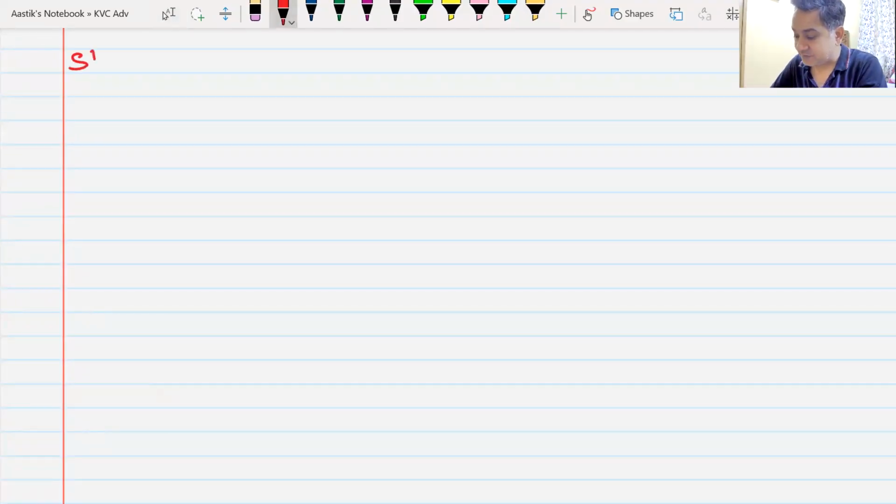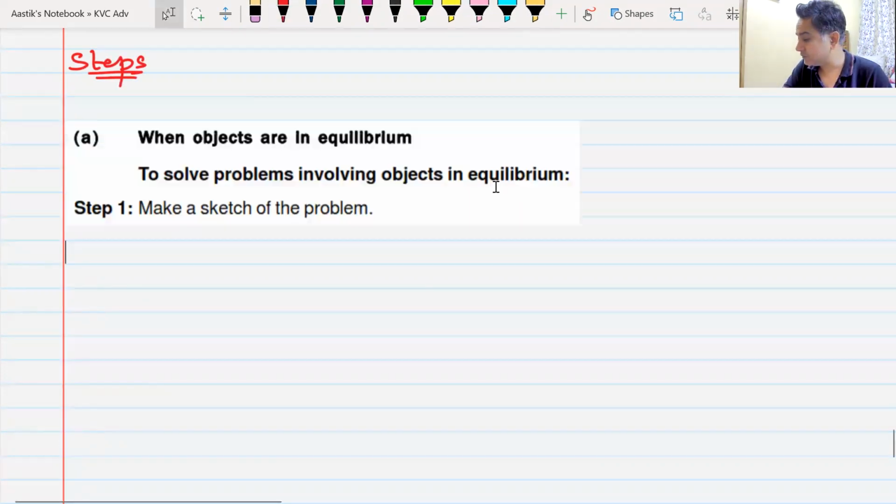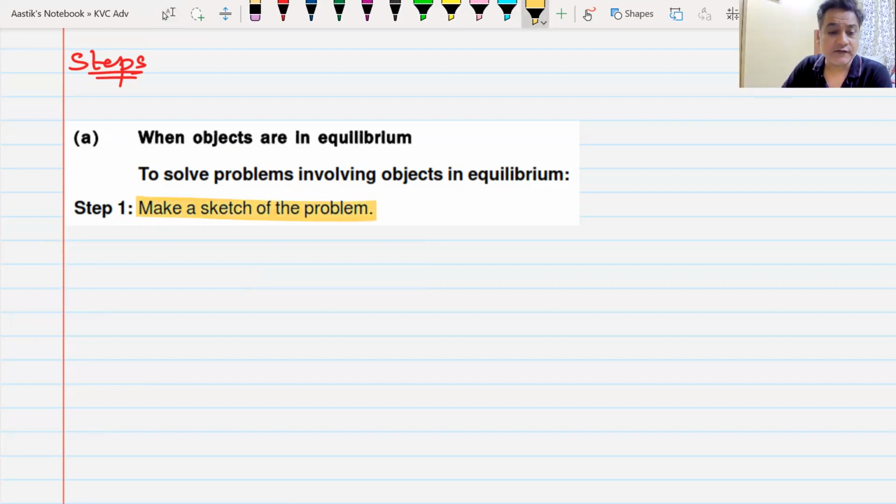So we'll write the steps of solving questions of a body in equilibrium. What will be the first step of solving problems in equilibrium? The first step would be to make a diagram, draw a sketch of the problem. Yes or no? Yes, sir.